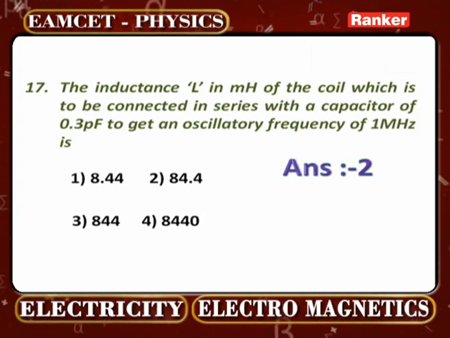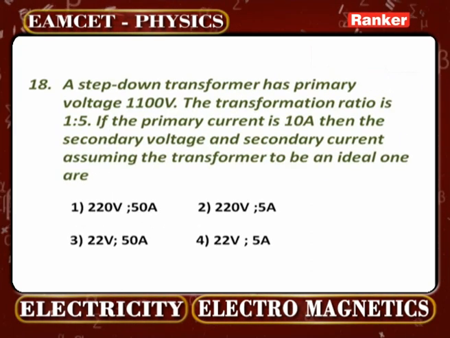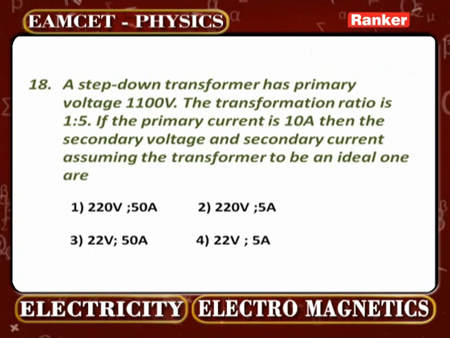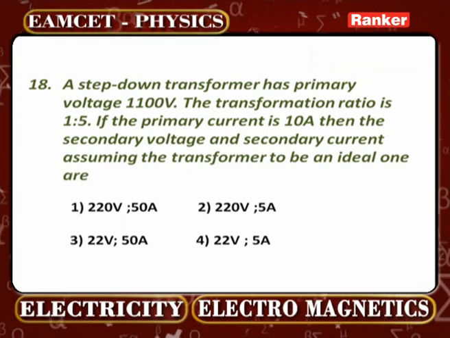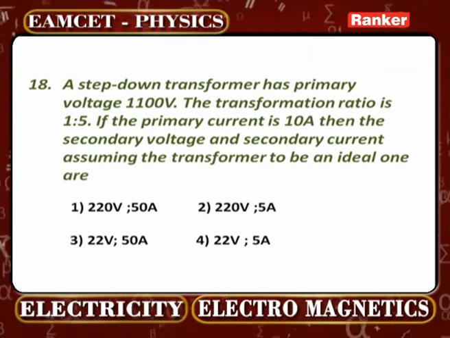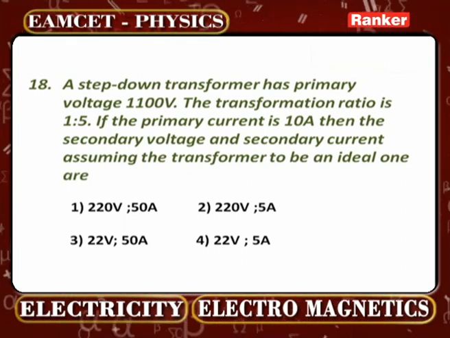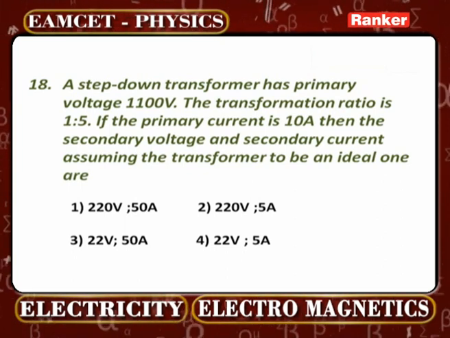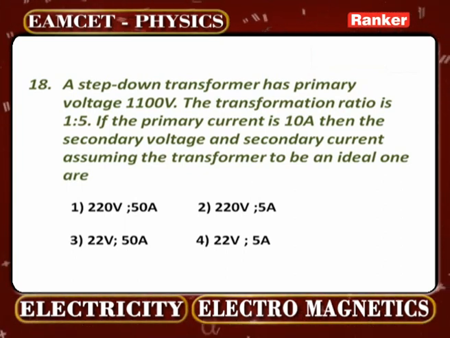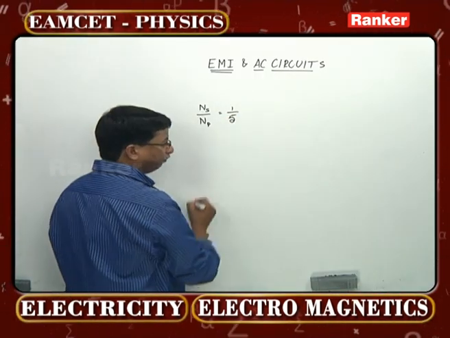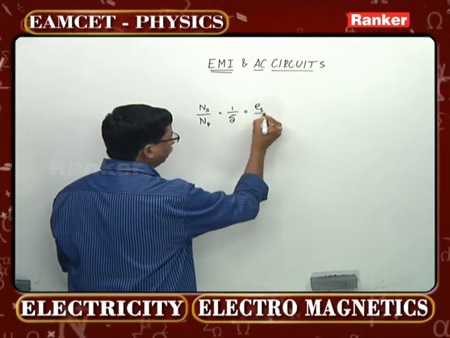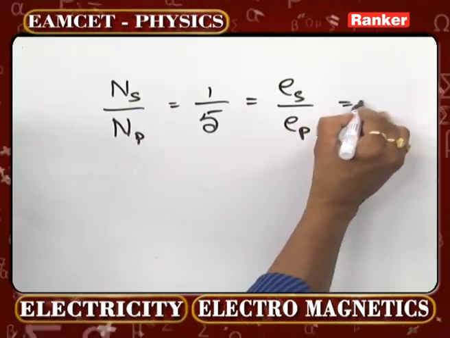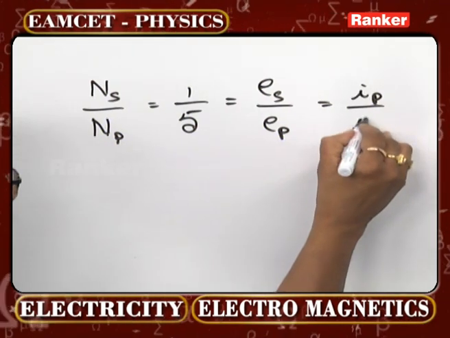Look at the next number, that is problem number 18. A step down transformer has primary voltage 1100 volt. Transformation ratio is 1:5. Just now I have mentioned the transformation ratio is nothing other than the number of turns in secondary by the number of turns in primary. That is now given as 1/5. But according to the formula I have already told you, E secondary by E primary or I primary by I secondary.